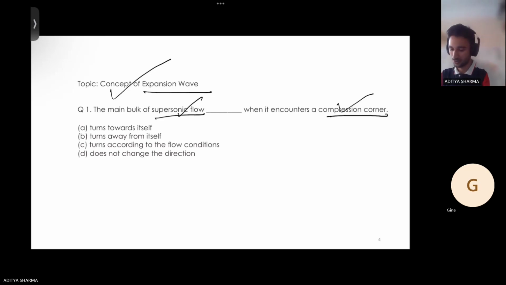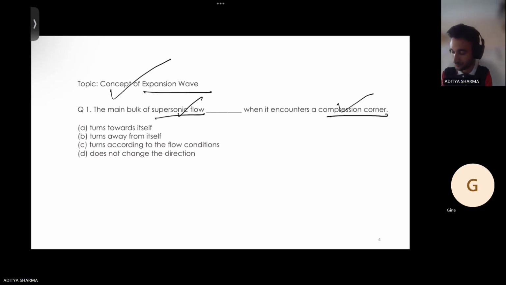Okay. So there are four options. First of all, this is a supersonic flow. And then the question says that it is a compression corner, right? So the question itself has already told us that there will be compression in this flow, and that too by means of a corner.